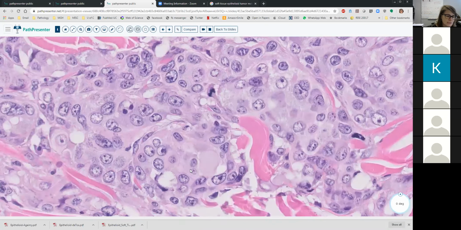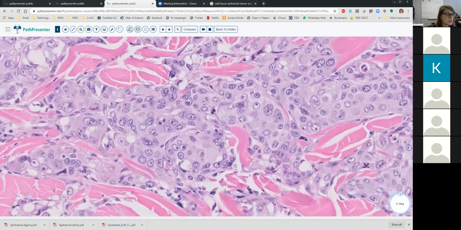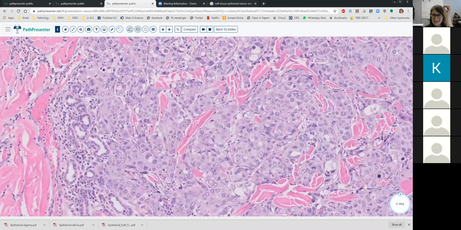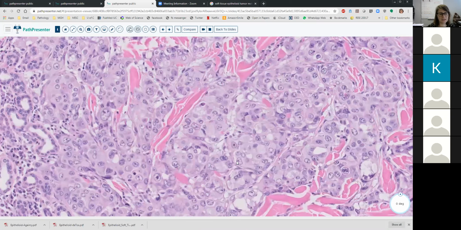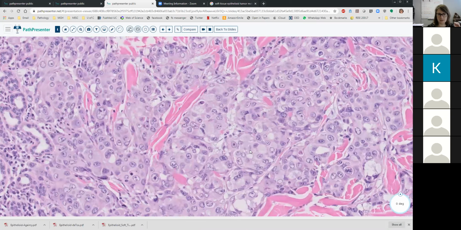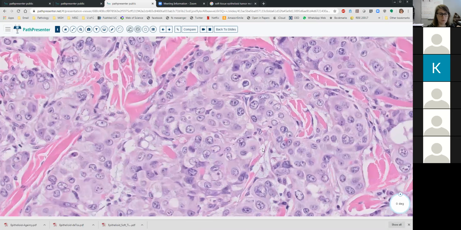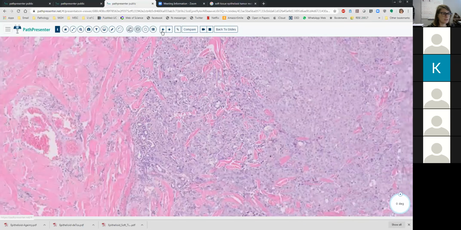And when you see that rhabdoid morphology, you want to not only think about rhabdo, not only think about your epithelioid mesenchymal neoplasms, but specifically think about the chromatin remodeling complex deficient neoplasms, okay? That rhabdoid morphology is turning out to be quite related to chromatin remodeling complex problems.